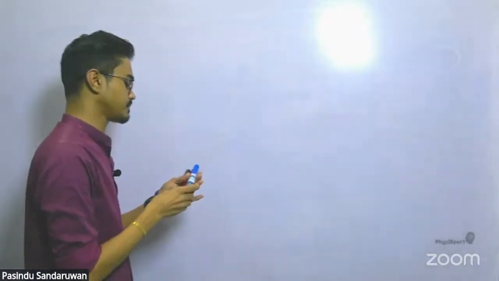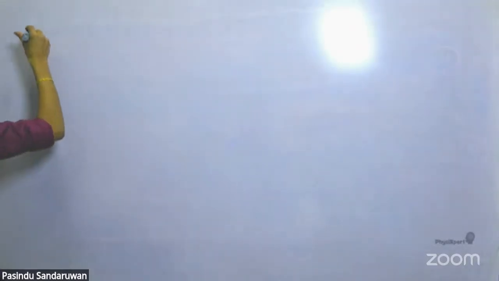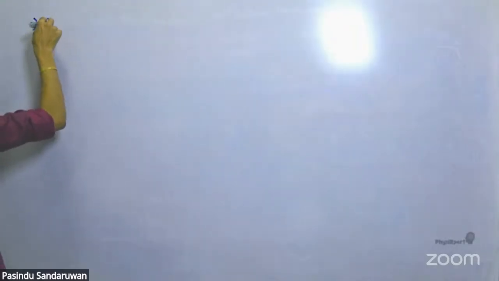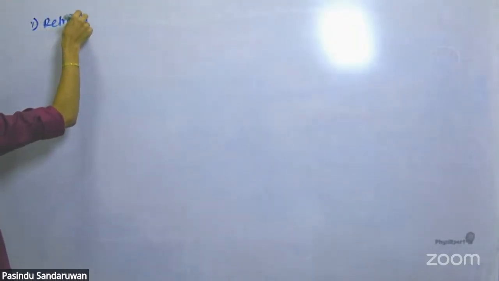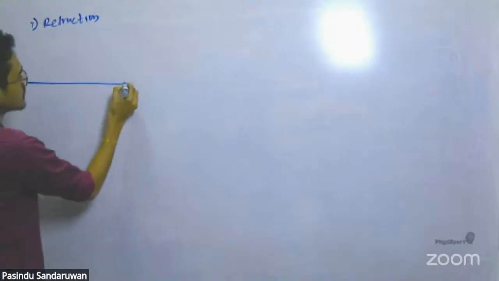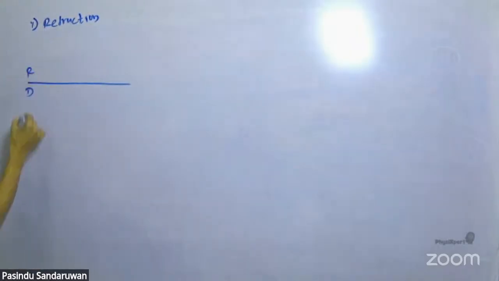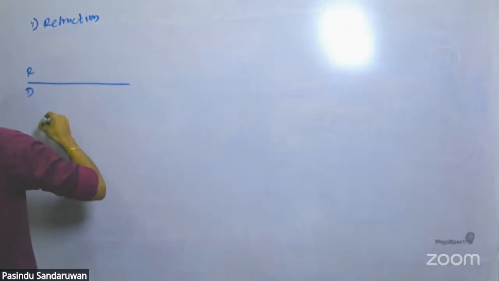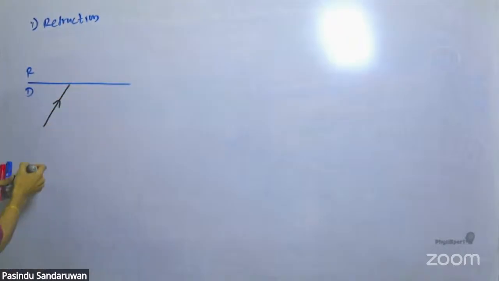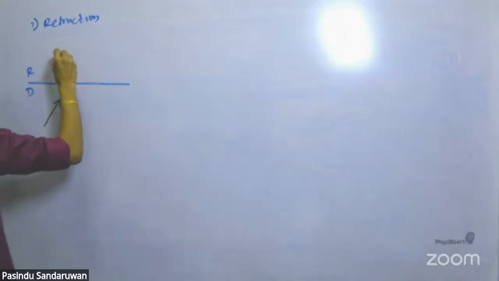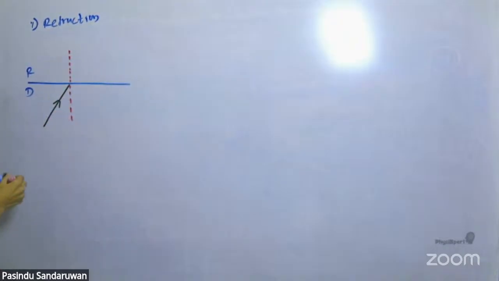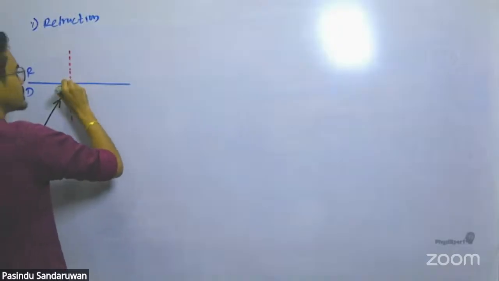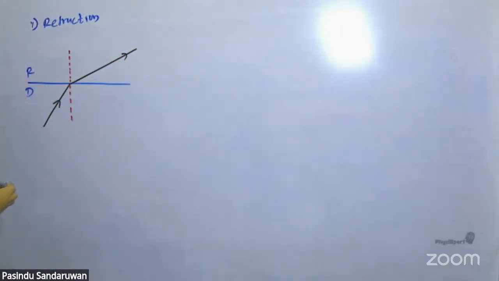Listen now. First one here. See, this is a normal refraction. Let's assume this is a dense medium and this is a rare medium. As a light ray travels from dense to rare, with a normal drawn at the point of incidence, it bends away from the normal like this.